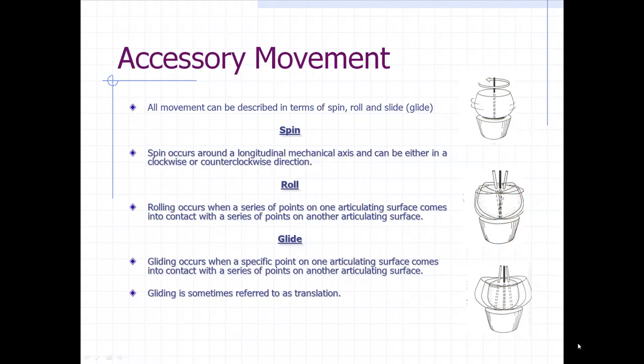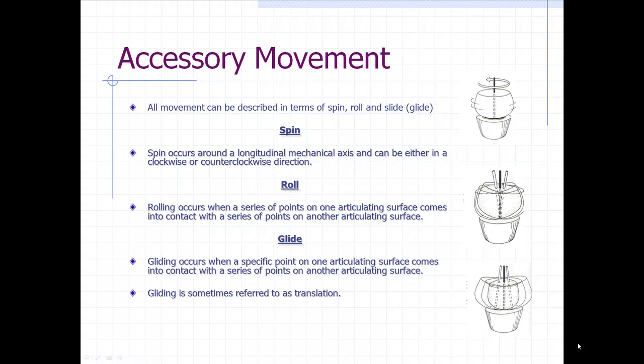All movements can be described in terms of spin, roll, and glide. Spin occurs about the longitudinal mechanical axis of the joint. This is a rotational movement and can be either clockwise or counterclockwise. Roll, on the other hand, is an angular rotation, where one articular surface rolls on its neighbour.